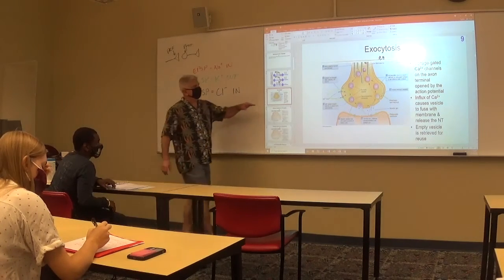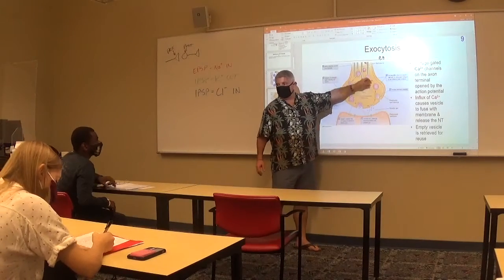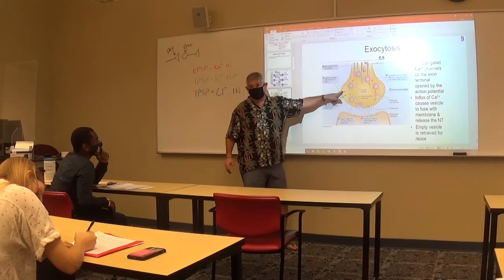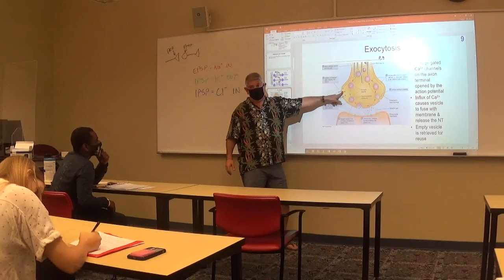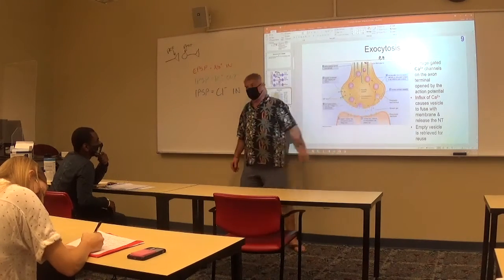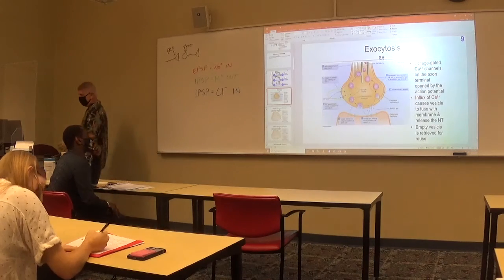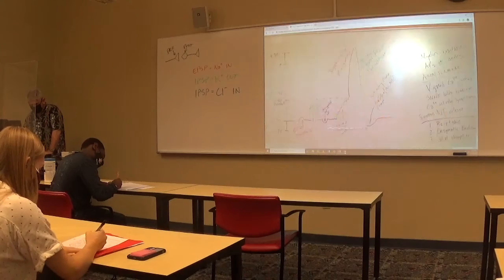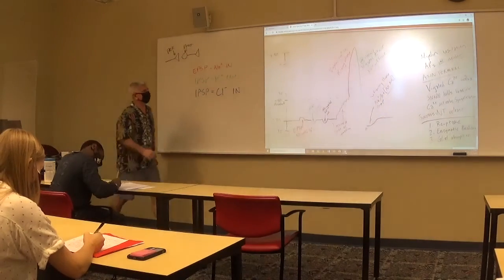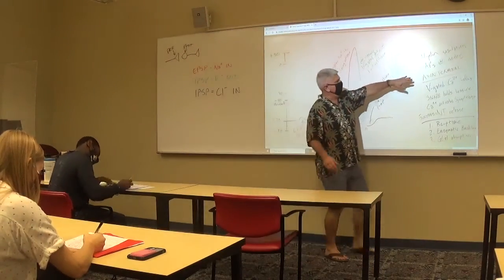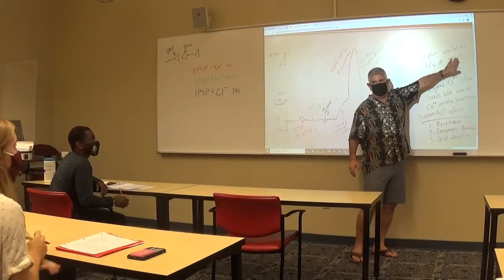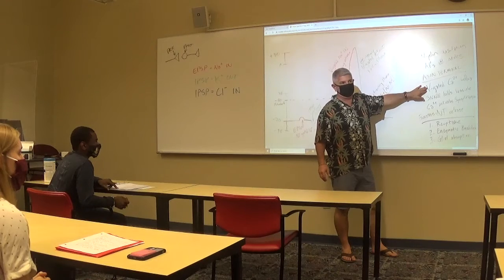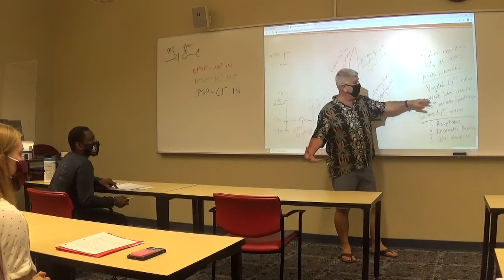So finally, all that sodium from the last node comes into here, makes it positive enough for calcium channels to open. Calcium comes in and activates synaptotagmin. So we have action potentials at the nodes. When we get to the terminal, voltage-gated calcium channels allow calcium influx.